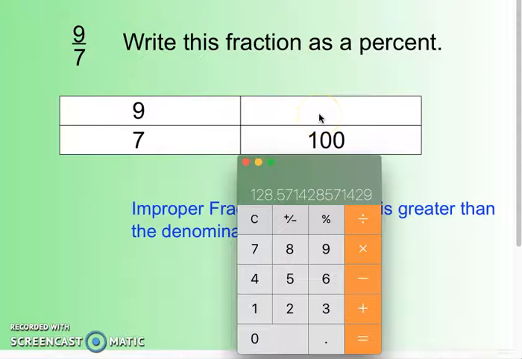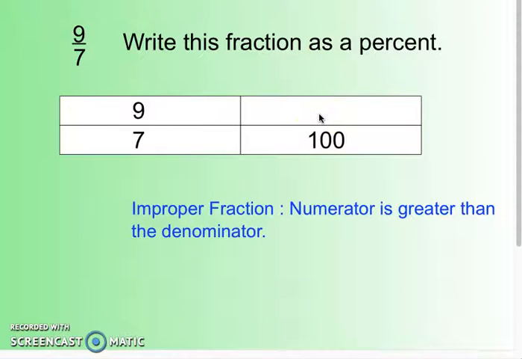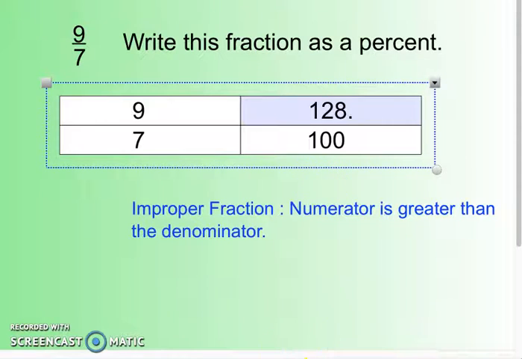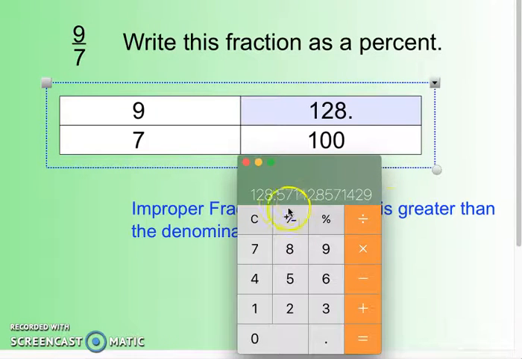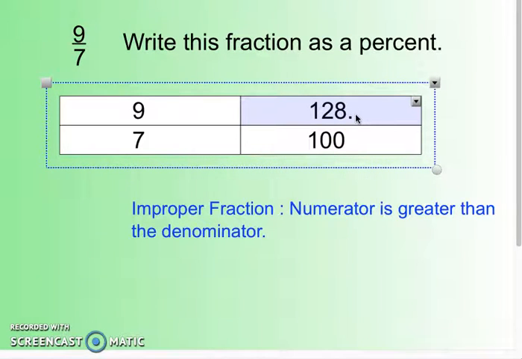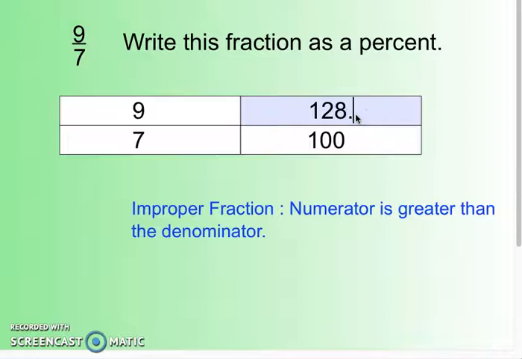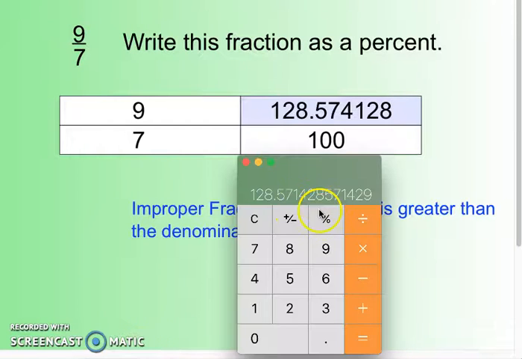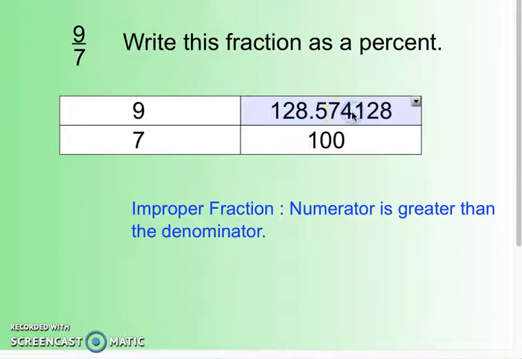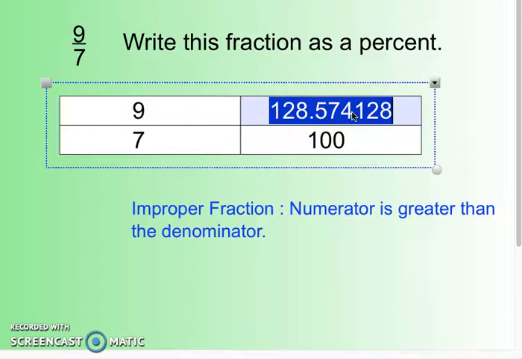And notice what percent we have: 128 point, and there is a repeating pattern here. 571428. 571428. 574128. Is that correct? 571428, whoops. I said it correctly, but I wrote it incorrectly.